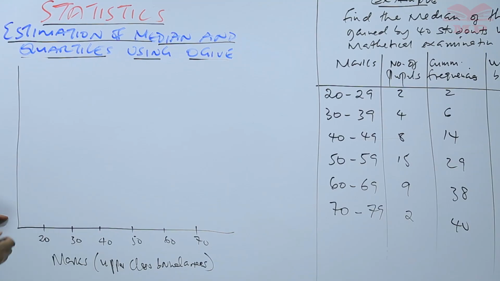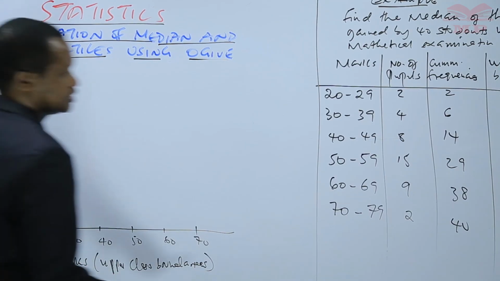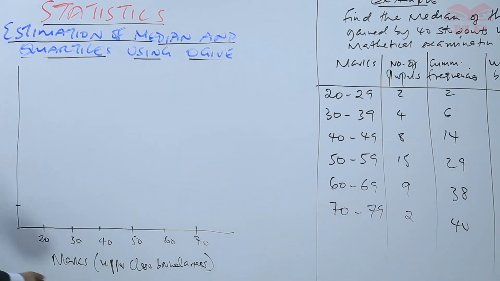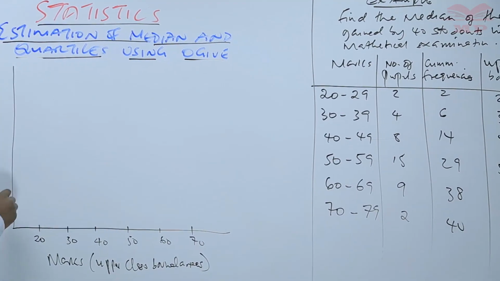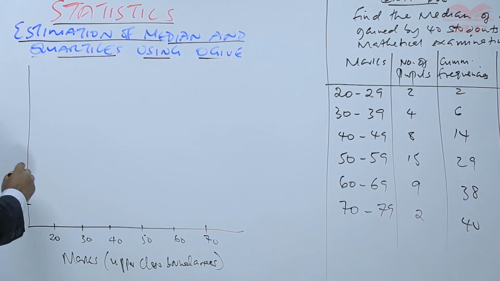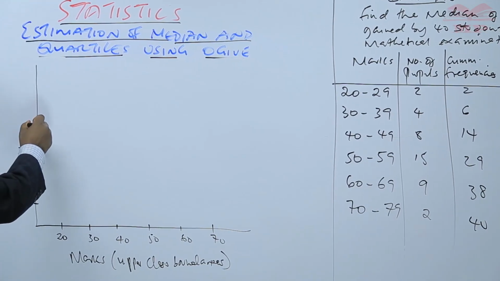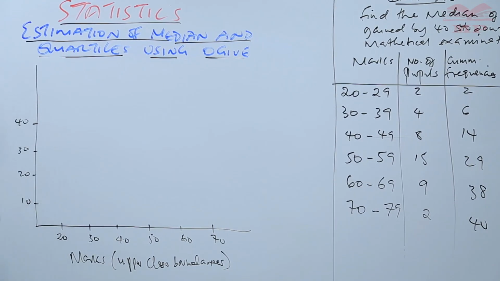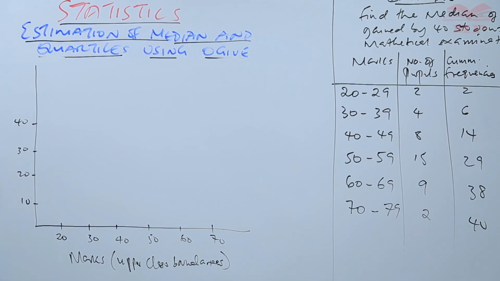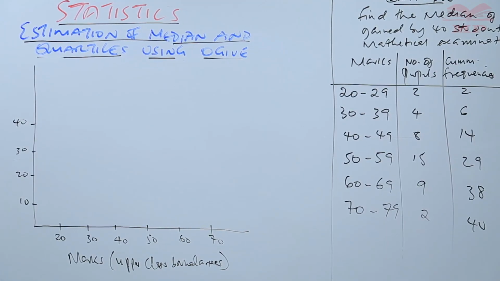On the vertical axis, we are going to have the number of pupils, and you can see here we have 40. So we'll have 10, 20, 30, 40.